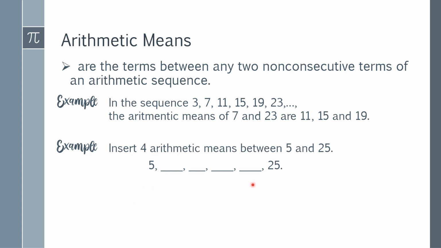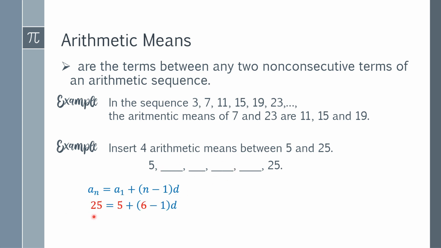So we have this illustration. So 5, 25. So we need to insert 4 terms between them. So to get the answers, we will use the formula and we just need to find the common difference in order for us to identify the terms after the given.